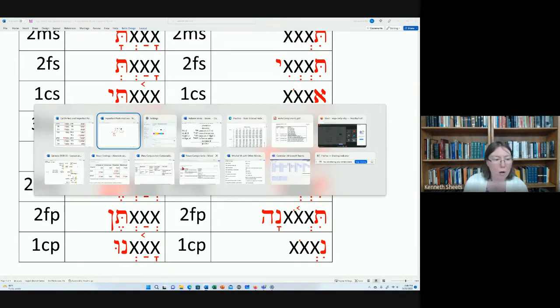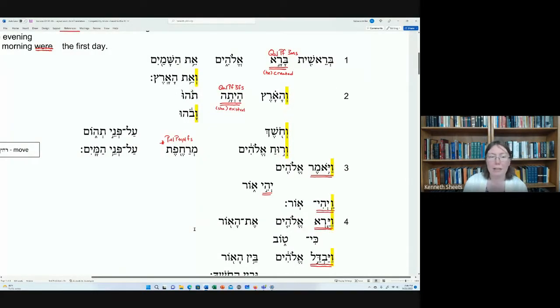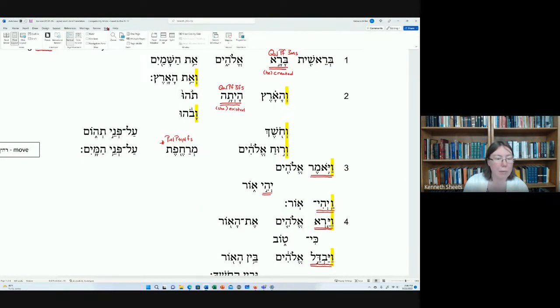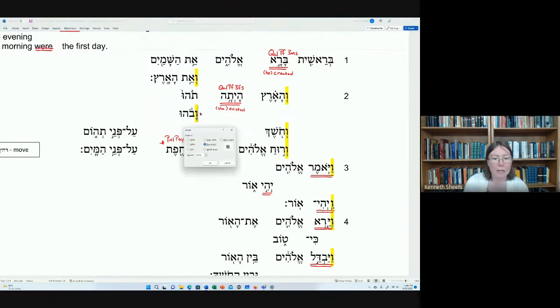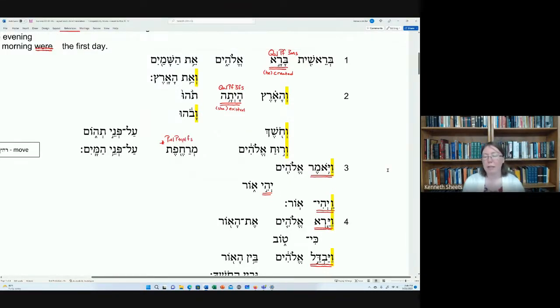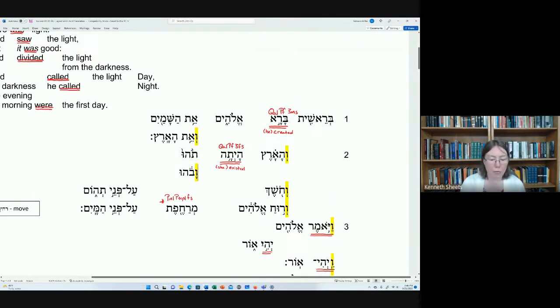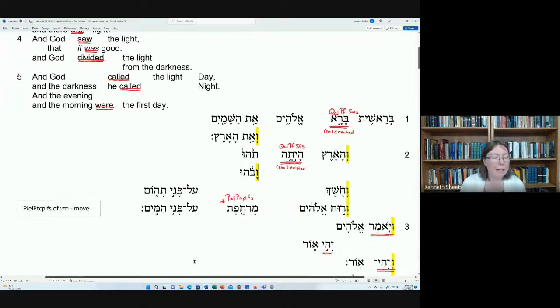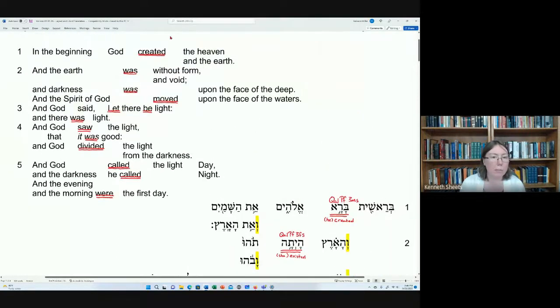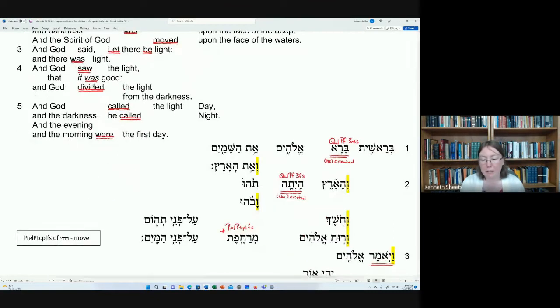Now let's come back over to our text here in Genesis that we were looking at. And so, yes, we are at text width here. So, taking a look at this, we had gone through two weeks ago and had identified all of the verbs in the English text: created, was, moved, but we saw that moved in the Hebrew text is actually this word here, merachefet, which we talked about as being a piel participle.